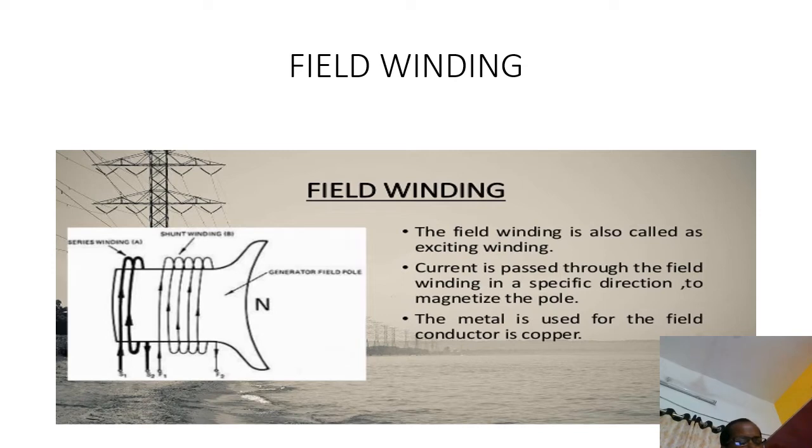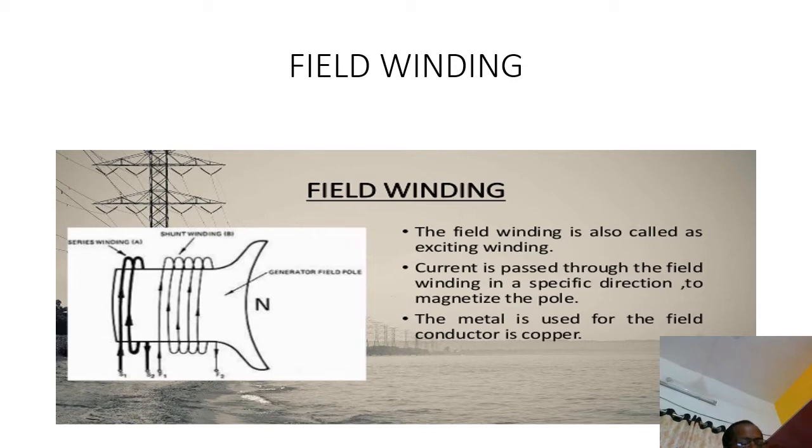All the field coils are connected in such a way that the adjacent poles have opposite polarities. You are observing this is the pole, these are the field windings, and this is the pole shoe. The field windings are also called exciting windings.